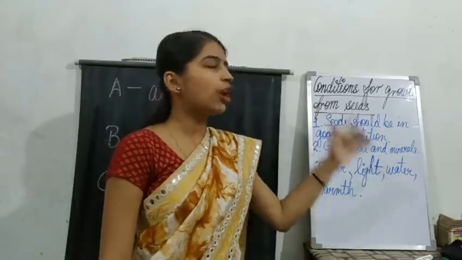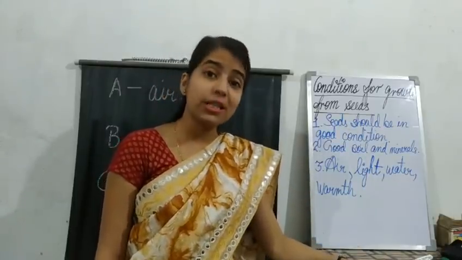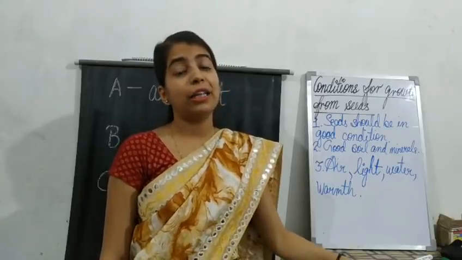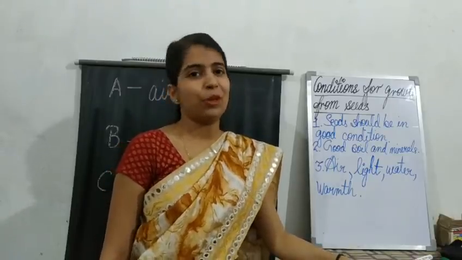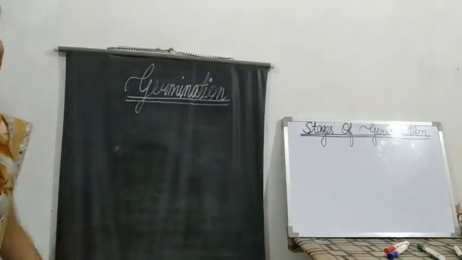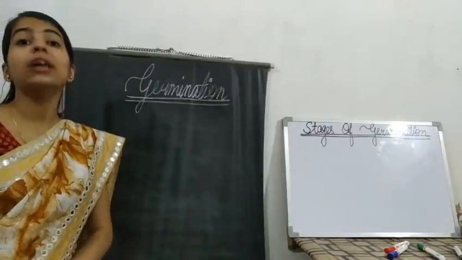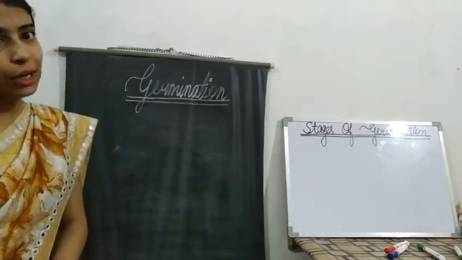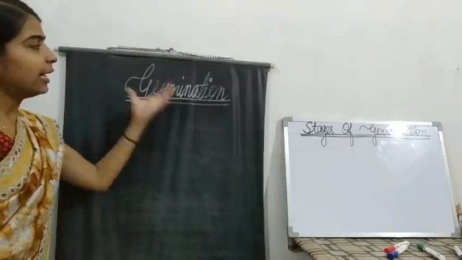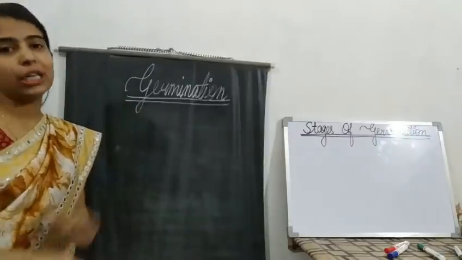Now, the next topic that we are going to learn is germination, that is the process of growing a new plant from a seed. So let us move towards that topic. I have already explained what the conditions are required for a seed to grow into a new plant. Now we will learn the process, how the seed grows into a new plant.